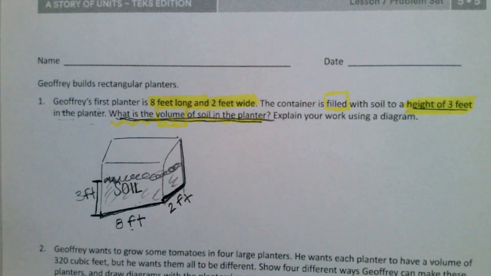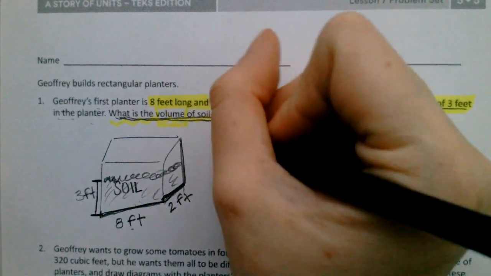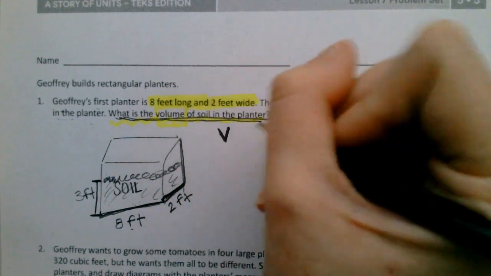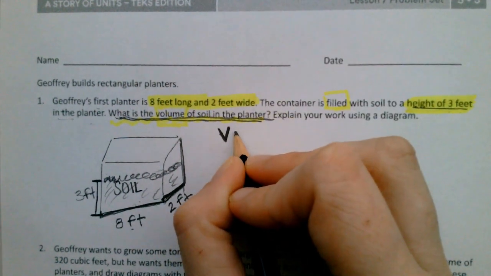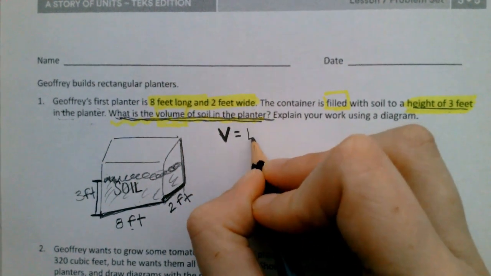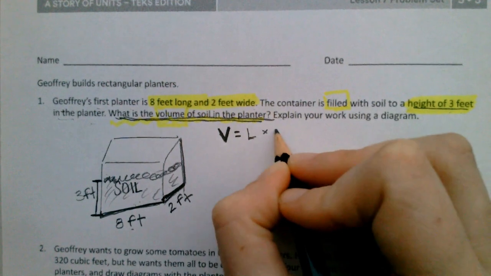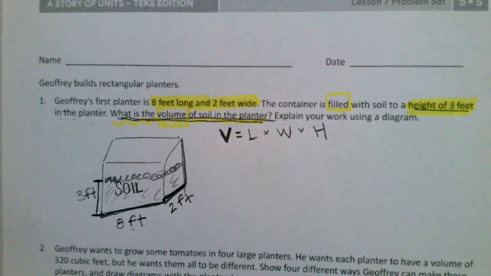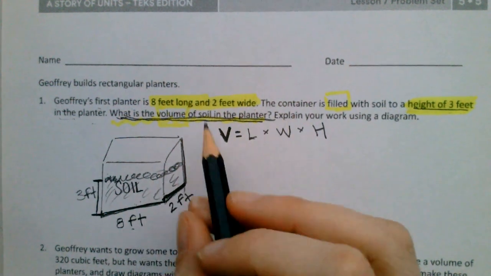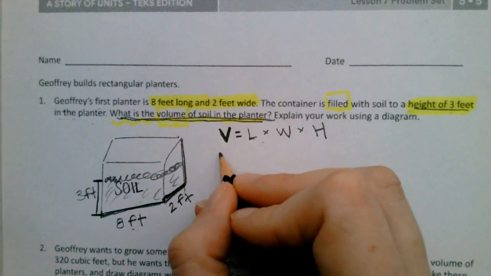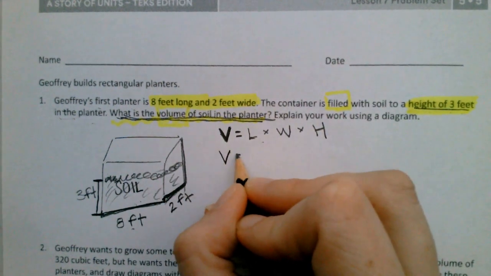Now, we just practiced with volume in our warm-up problems, so we should remember the formula. If not, let's write it again at the top of our paper. Since we're trying to find volume of the soil, we have V for volume equals the length times the width times the height. Now that we have our formula up here and we have a picture to help us, let's fill in the information we know.